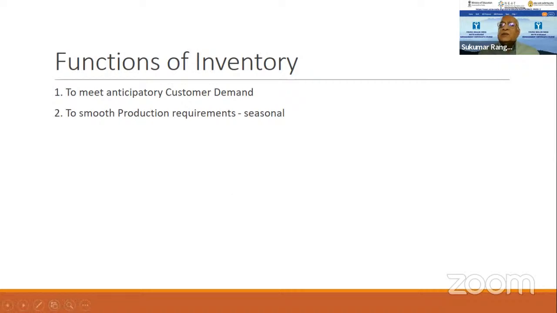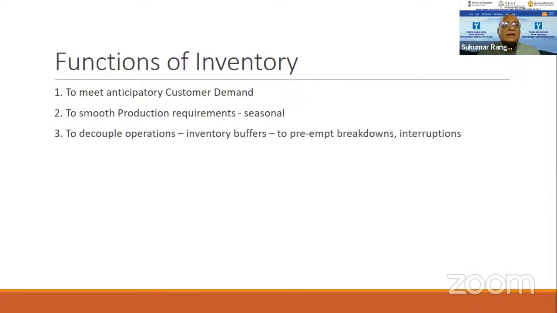Crackers are sold only during Deepavali. And maybe for a few festivals in the South, we have some other festival which happens one month after Deepavali, sometimes during New Year's Day, and other small demands come up only during wedding season and things like that. But these are anticipated, and then you need to use stock accordingly.